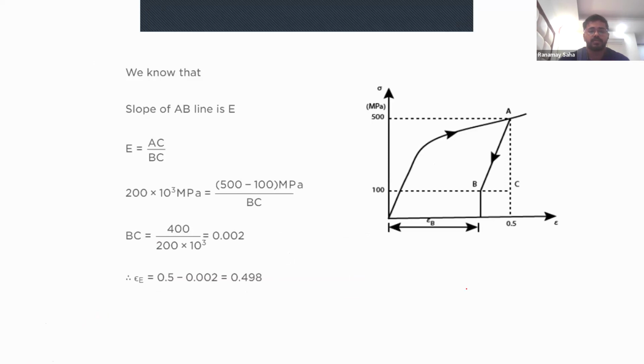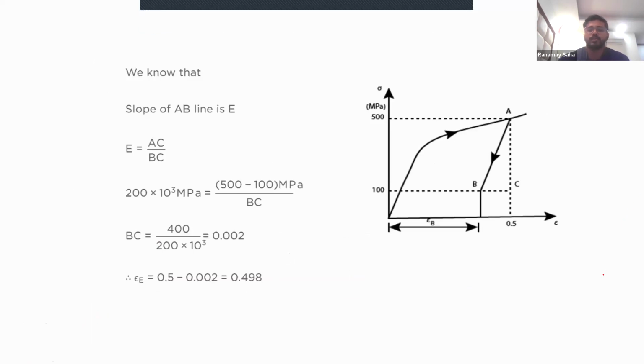Your question says that the material is first loaded to 500 MPa and then unloaded to 100 MPa. Then you have to find out your strain corresponding to your point B. Okay. So you know that the slope of this line AB is the elastic recovery.